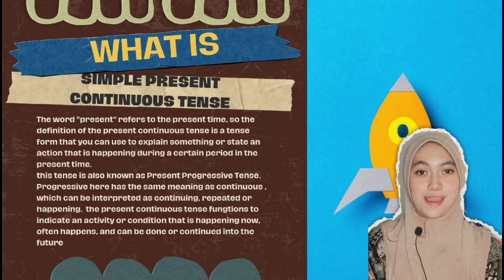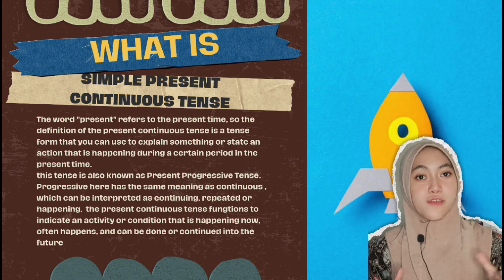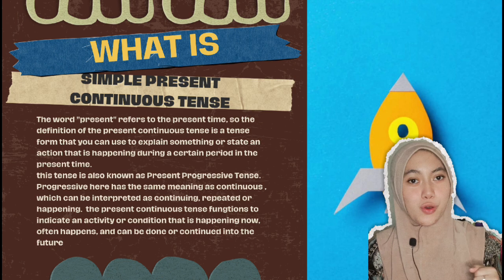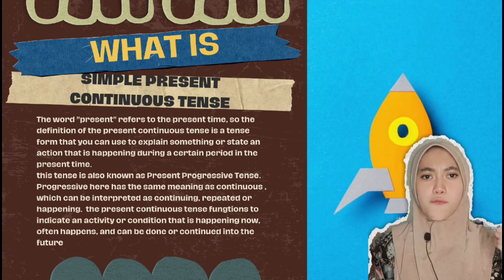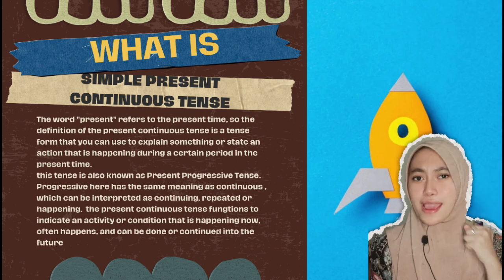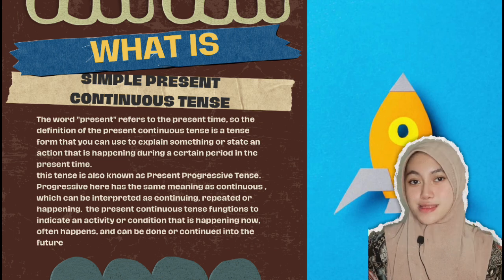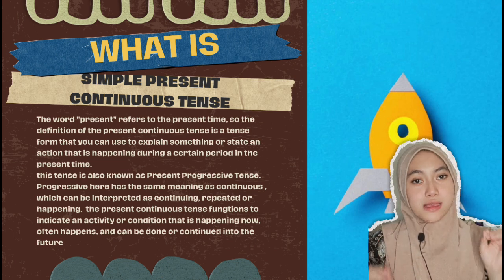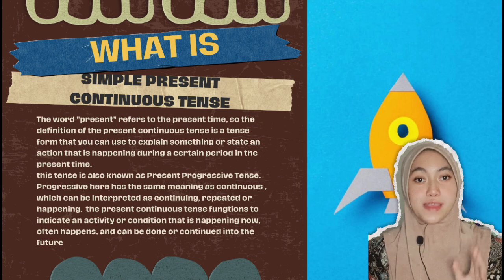Present continuous tense. According to the text, the word present refers to present time. So, the definition of the present continuous tense is a tense form that you can use to explain or state an action that is happening during a certain period in the present time. This tense is also known as present progressive tense.